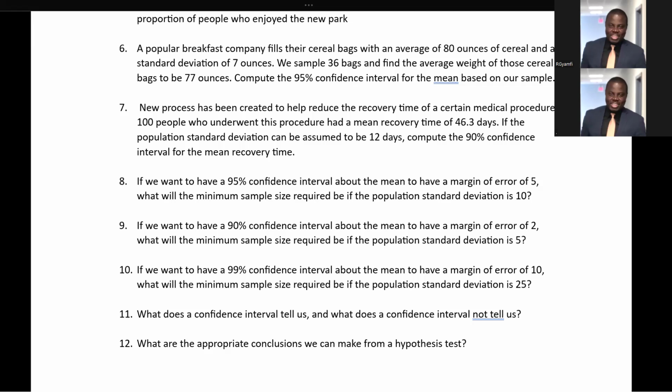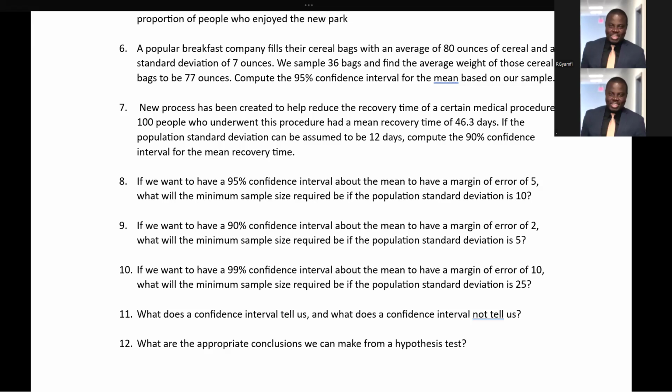The breakfast company says they fill their cereal bags with an average of 80 ounces. This is the population mean, and the standard deviation of 7 ounces also comes from the population. Again, it has no sample attached to it.